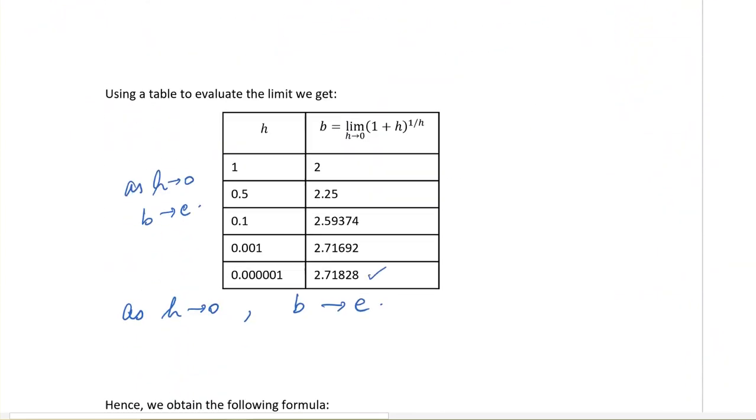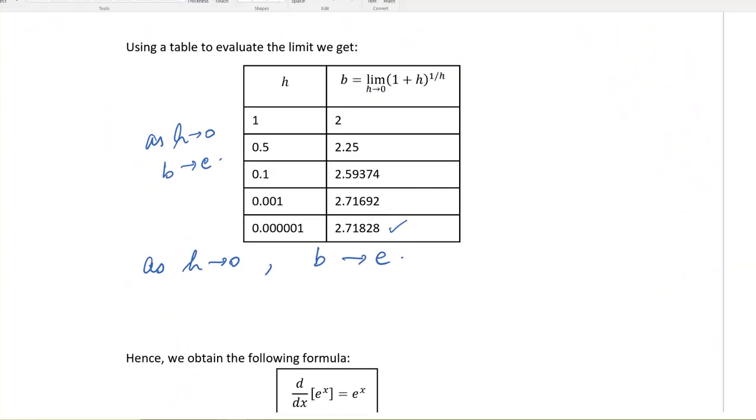So our number 1 was: the derivative of b raised to power x is equal to a times b raised to power x.